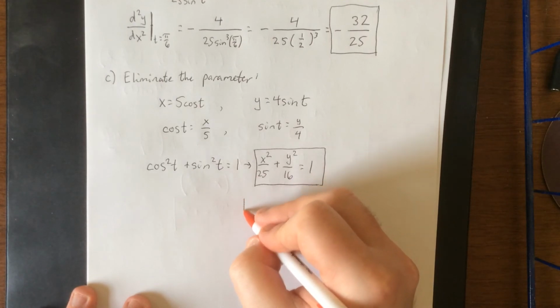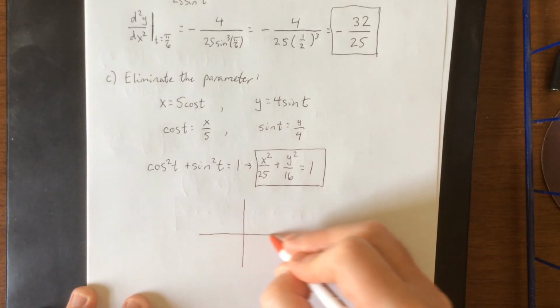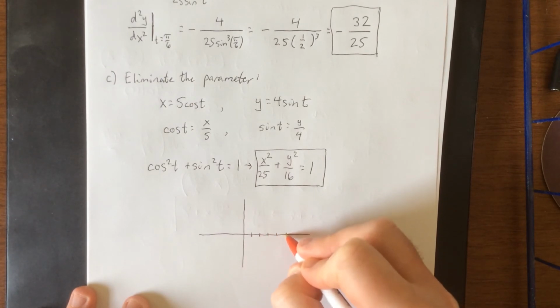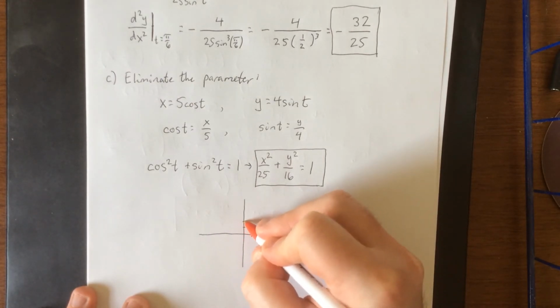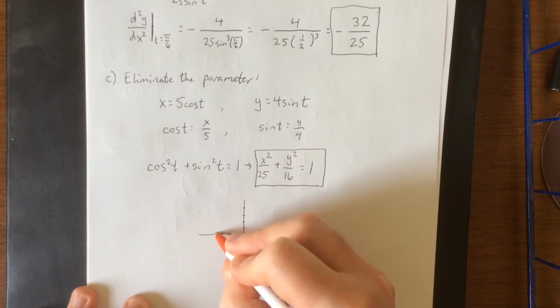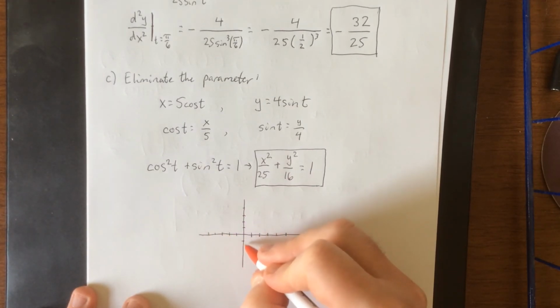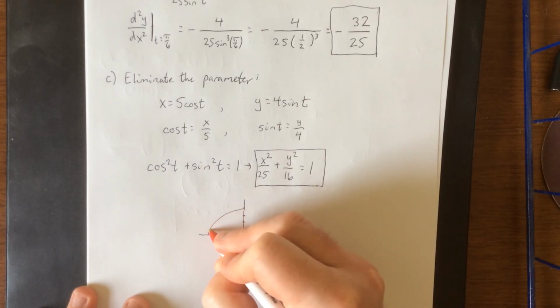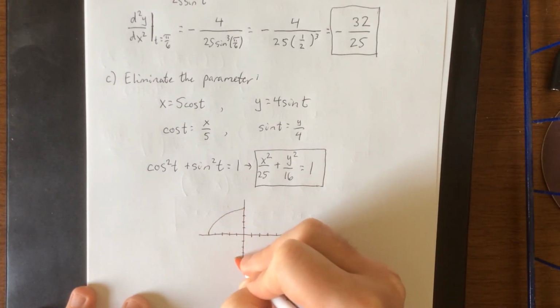Now, this is an ellipse that'll extend 5 units horizontally and 4 units vertically from its center at the origin. Alright, so I'll try to make this kind of football shaped.